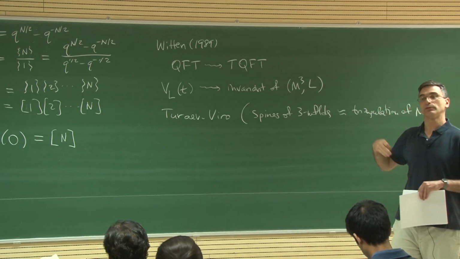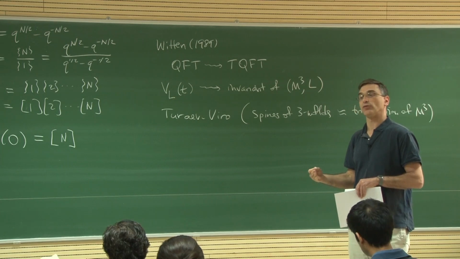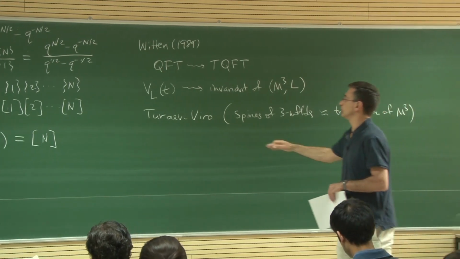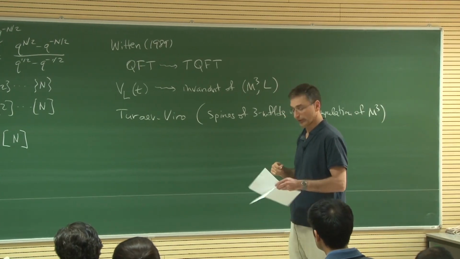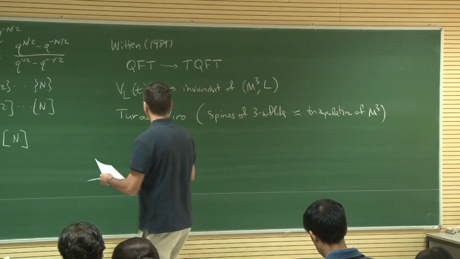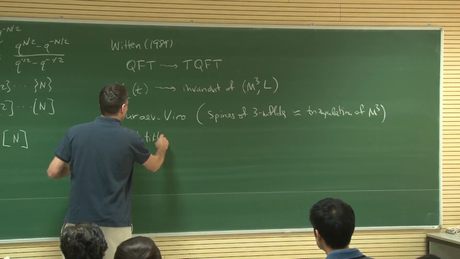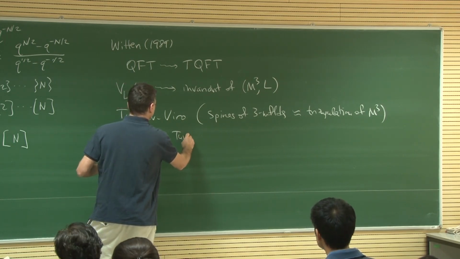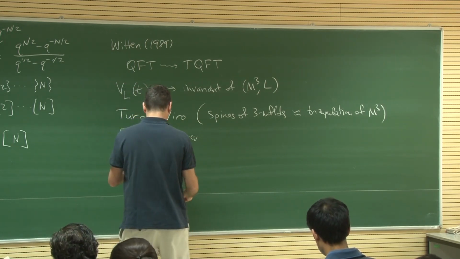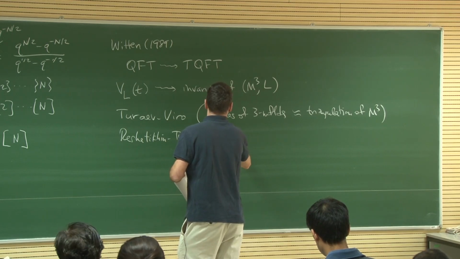Abhijit talked about triangulations of 3-manifolds. That's the kind of input you would need to compute the Turaev-Viro invariant. A different idea was by Reshetikhin and Turaev. Okay, and this used the whole quantum group machine.